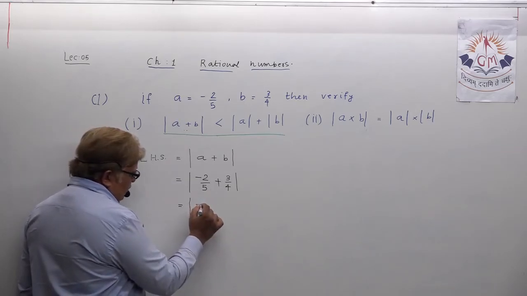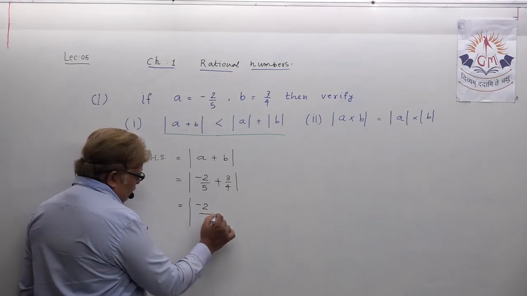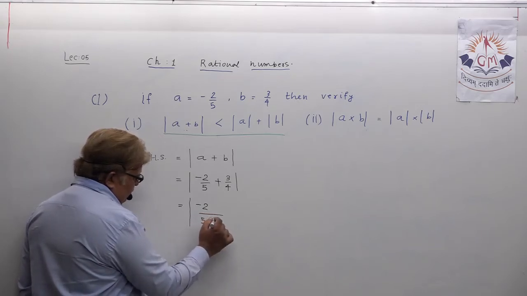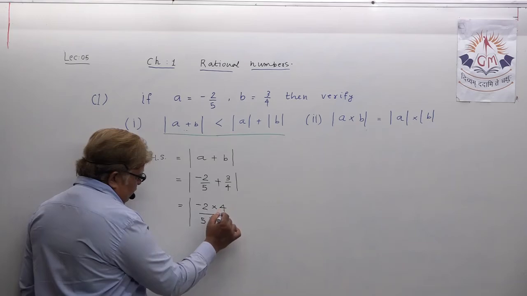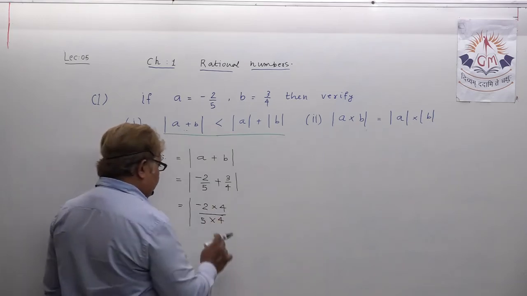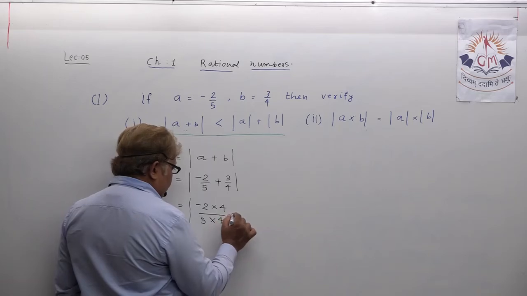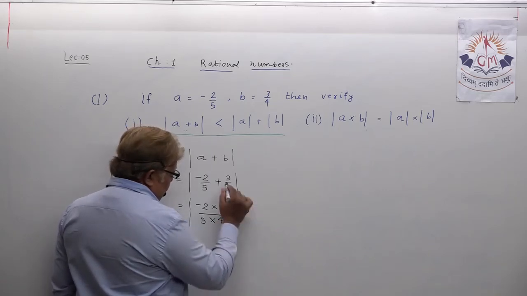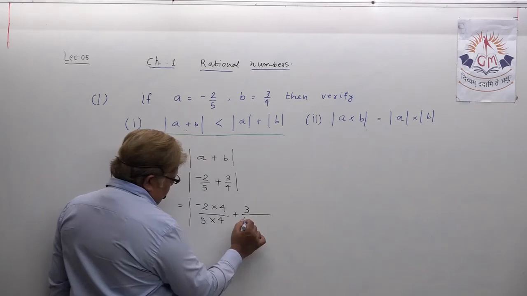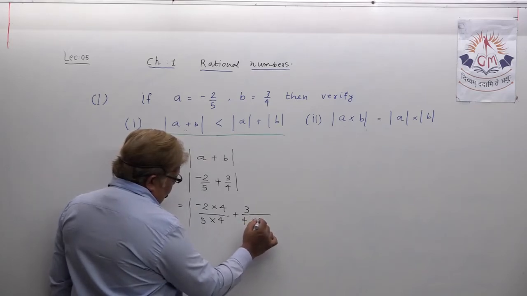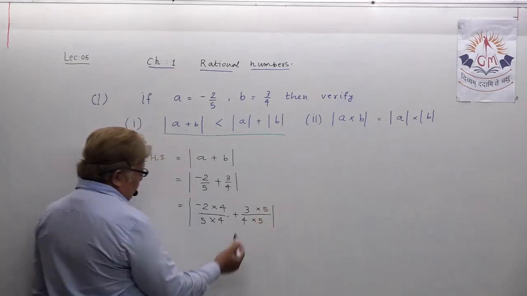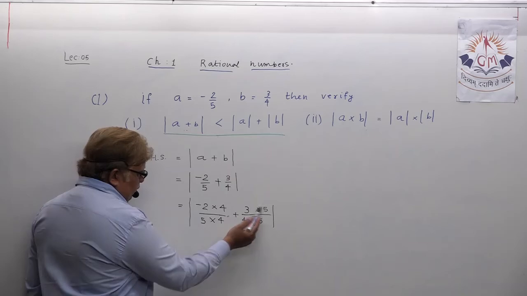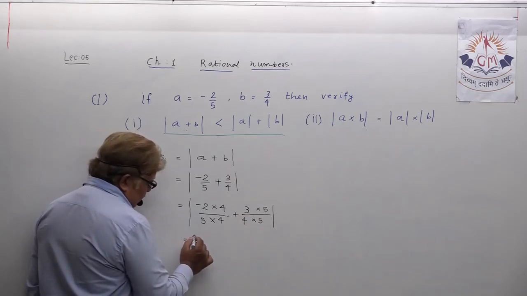Let us accordingly multiply. Minus 2 upon 5, LCM is 20. So 5 times 4 is 20, and minus 2 times 4. Plus 3 upon 4, 4 times 5 is 20, and 3 times 5. What you multiply in the denominator, you have to multiply in the numerator also.